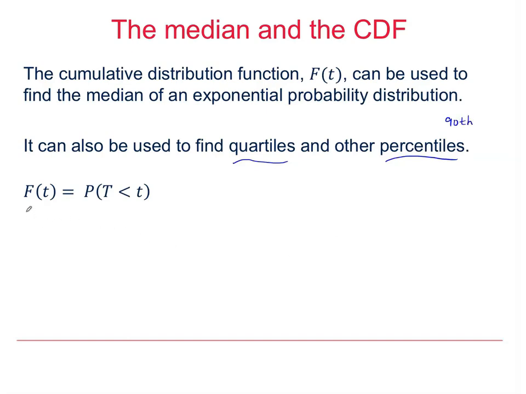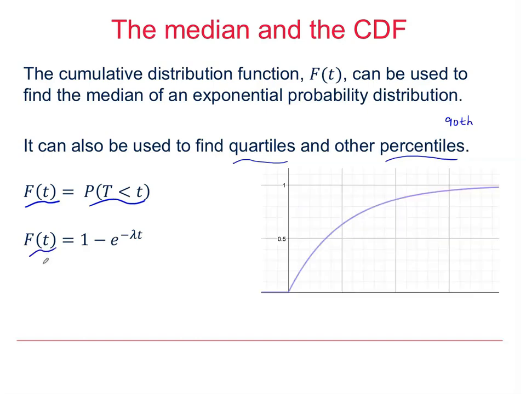Now, here's a reminder that the CDF is a cumulative probability. And here's the formula for the CDF, which, when we plot it, comes to a nice graph like this. Here's t on the horizontal axis, and then we've got f of t up here on the vertical axis.